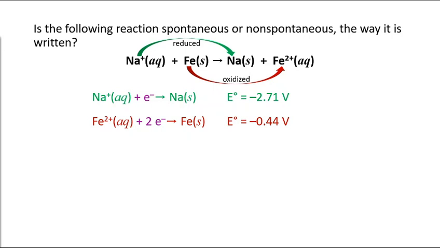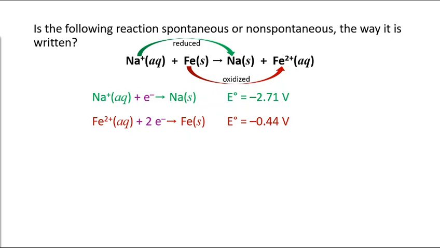The main thing you need to understand here is that even if you were to flip these equations around, the standard potentials won't change, because these are still the same relationship of adding electrons and taking electrons away. The thing you need to pay attention to is to write them down the way they're being reduced or oxidized.